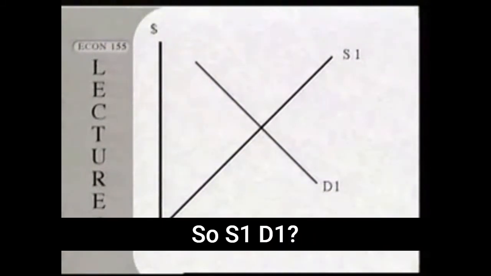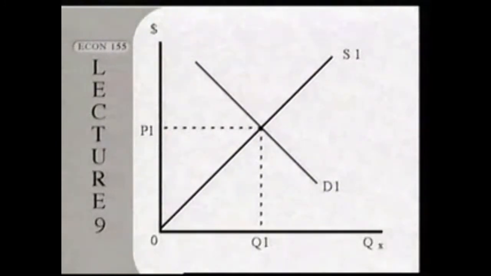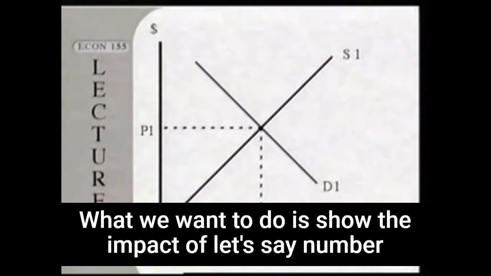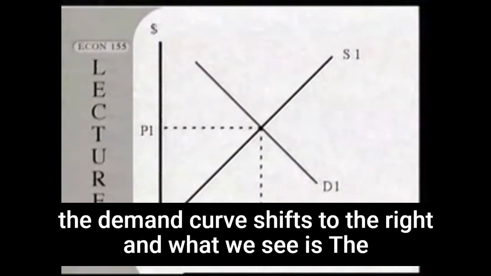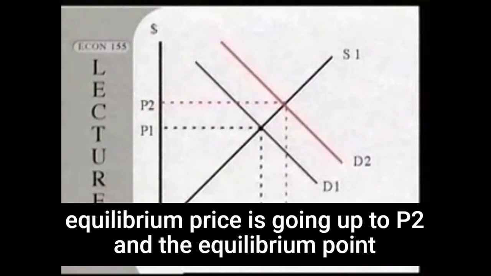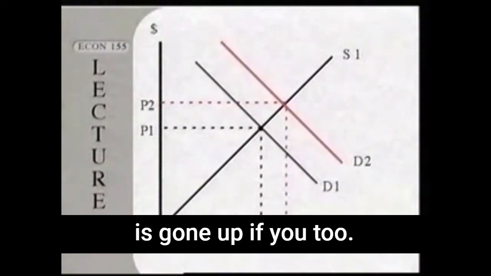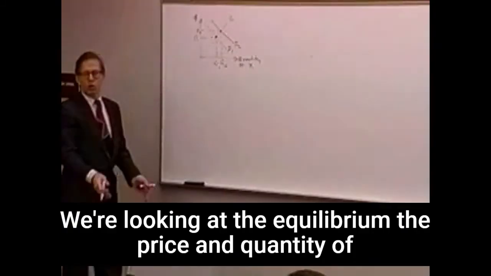So S1, D1, Q1, P1. So this is a nice beginning point. What we want to do is show the impact of, let's say, number one, an increase in demand. If there's an increase in demand, the demand curve shifts to the right. And what we see is the equilibrium price has gone up to P2 and the equilibrium quantity has gone up to Q2. We're looking at the equilibriums. The price and quantity have both gone up.